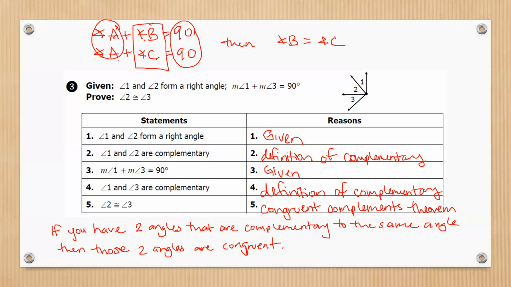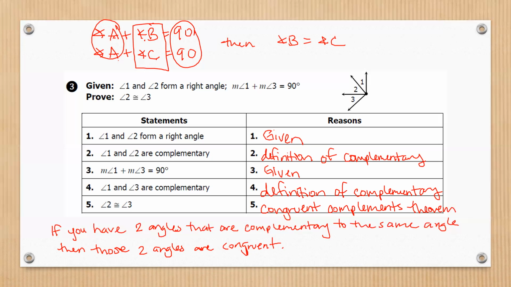So again, the congruent complements theorem says that if you have 2 angles that are complements to the same angle, then those 2 angles are congruent. So for my example, angle A and angle B are complements because they add to 90, and angle A and angle C are complements because they add to 90.